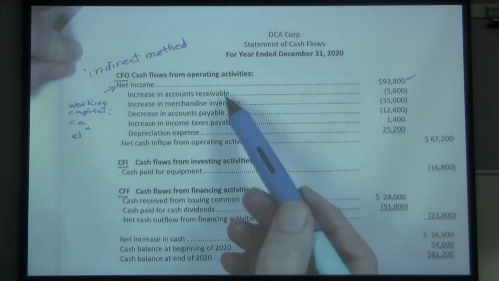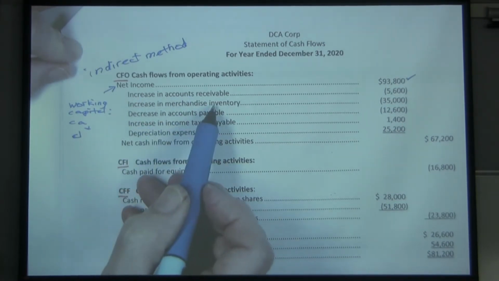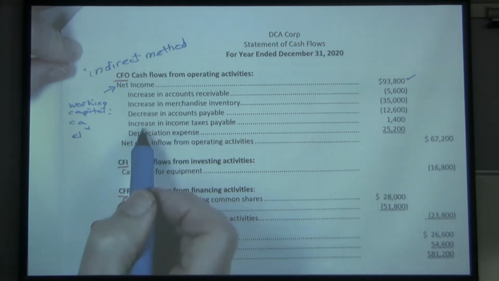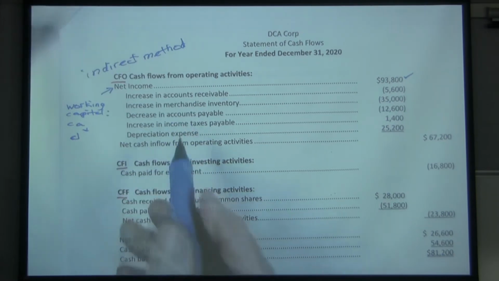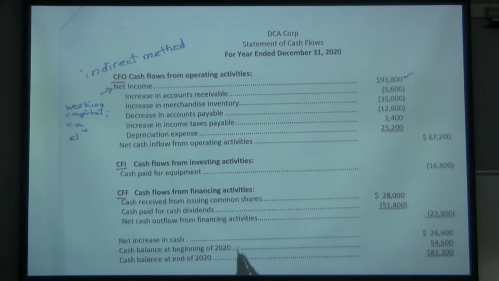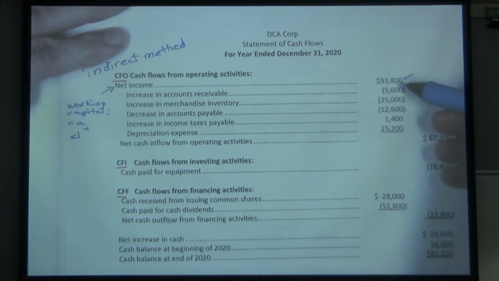So we're going to note either an increase or decrease in accounts receivable, in our inventory, in our accounts payable in this example, and in our income tax payable in this example. So we'd have a longer list for some companies and various accounts, whatever is in the current assets and current liabilities. So just to recap, we start with net income.